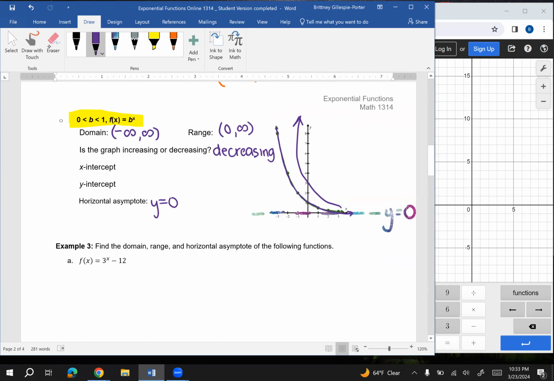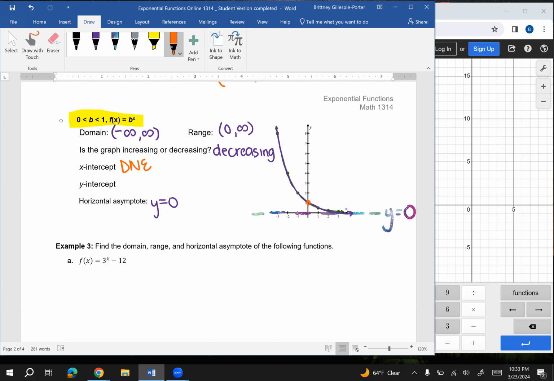If our graph was going down, we would use negative infinity to 0. Our x-intercept, because we are not able to cross or touch the x-axis because of our horizontal asymptote, still does not exist.